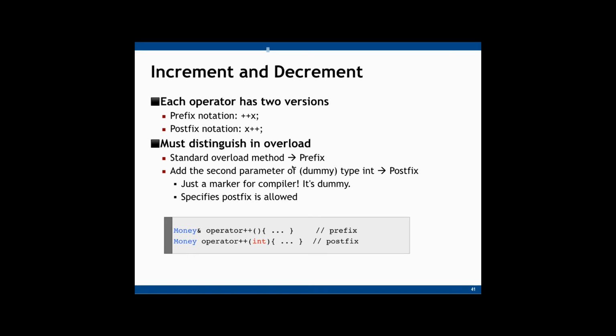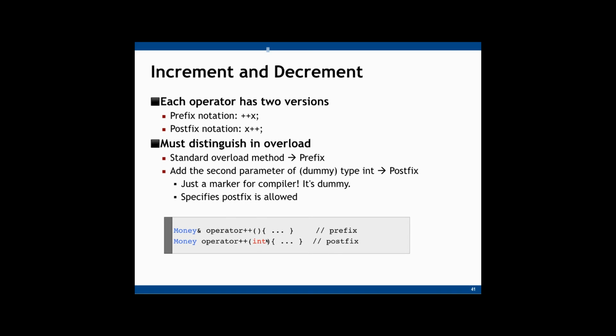If the overloaded increment or decrement operator has an int type of second argument, then that overloaded operator is for the postfix. Otherwise, the overloaded operator is for the prefix. So as shown in this example, they both overloaded operator plus plus, but the below one has an int type of parameter for the second argument. It is for the postfix.